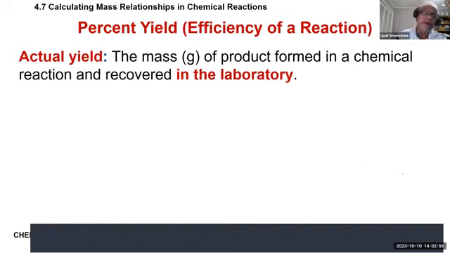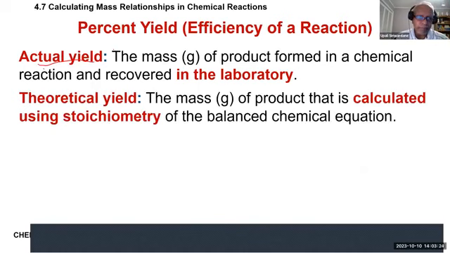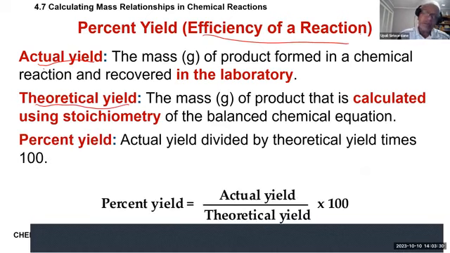Now, once you've done the limiting reactant, you got the product yield, that's the theoretical yield based on the stoichiometry. The calculated grams of products are called theoretical yield. Actual yield is the real experiment. Therefore, comparing actual yield to theoretical yield shows the efficiency of the reaction. So we use this idea.